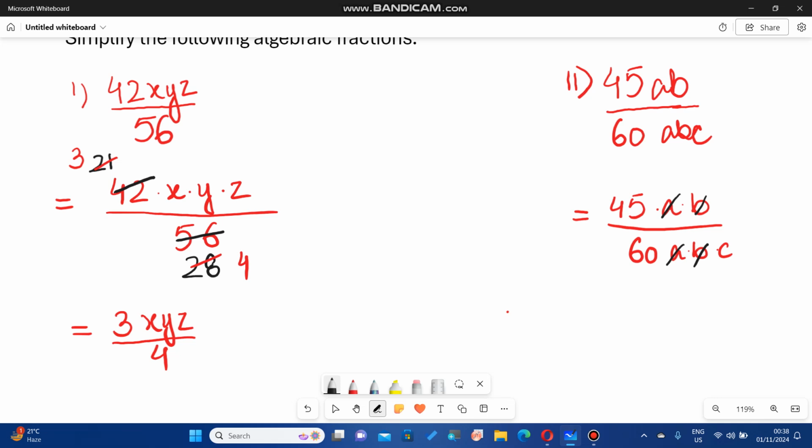Moving on to 45 by 60, the single number that divides both 45 and 60 is 15. 15 times 3 equals 45 and 15 times 4 equals 60. We are left with only 3 in the numerator divided by 4c. So our answer is 3 by 4c.